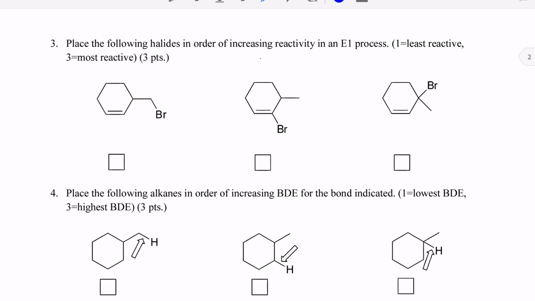Before I explain that, in an E1 process, the leaving group leaves, by its own, without any other reagent involved, and it forms a carbocation.